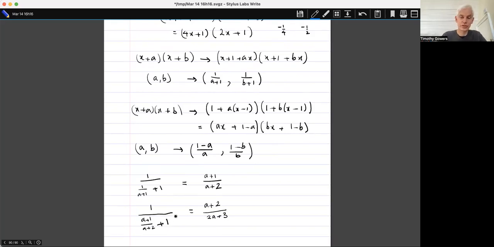So it's not looking as though it stabilizes in any nice way. And I haven't even thought about the 1 minus a over a.